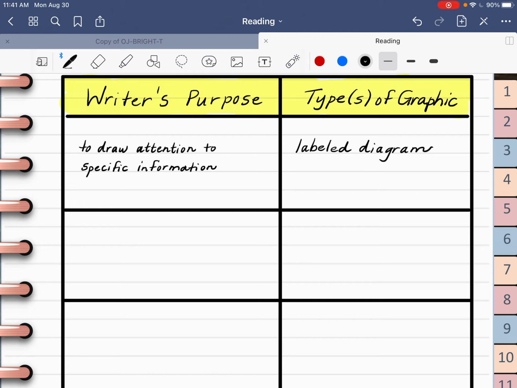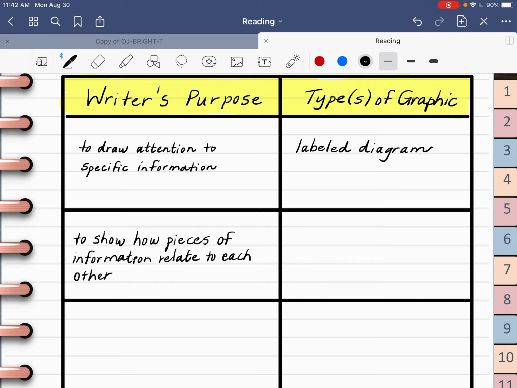Okay, if the author's purpose is to show how pieces of information relate to each other, the author could use a table, and we've drawn a table on this page, a graph, or a chart, like a bar graph or a pie chart.